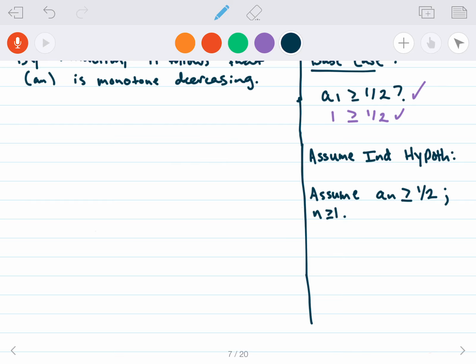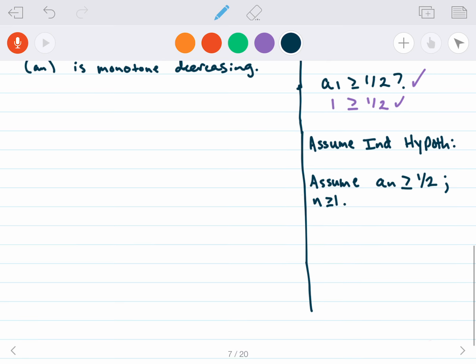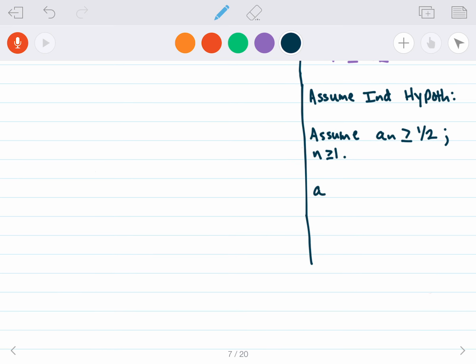And then we want to show that this is true for the next guy in line, which is a sub n plus 1.